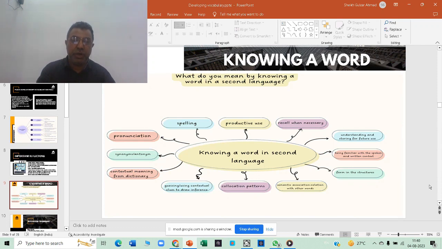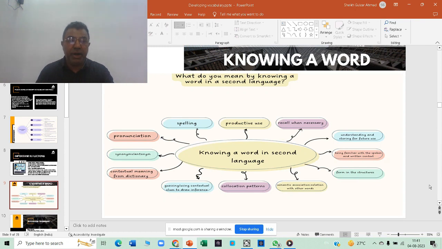Then the next thing you need to know about the word is that you should be able to guess and use the word in context, or rather draw an inference from the context. If you know the word, you will definitely draw the inference from the context. You will be able to understand. Next, if you know the word, you will go to the dictionary and find its contextual meaning easily.